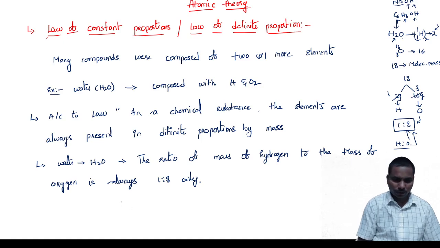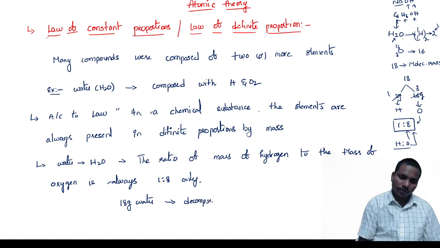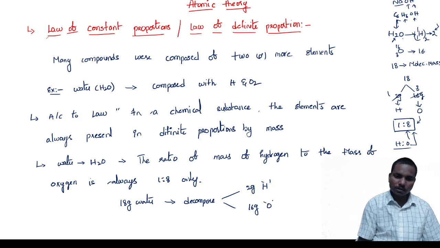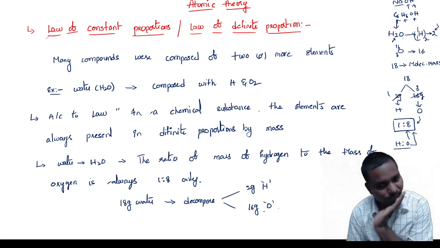So if you take 18 grams of water and decompose it, you will get 2 grams of hydrogen and 16 grams of oxygen.